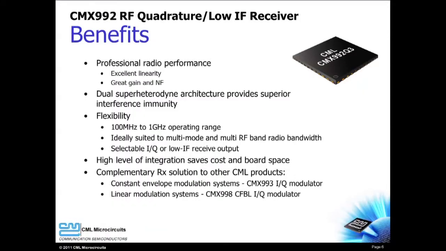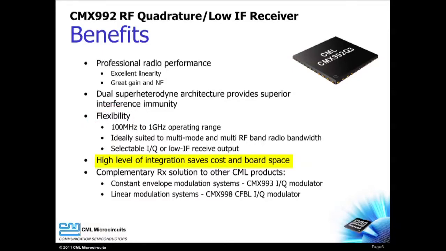The CMX992 is a high-performance device that allows your design to meet demanding specifications. The dual superheterodyne architecture provides excellent interference immunity for your product. The CMX992's wide frequency range, support for multiple channel bandwidths, and choice of output signals provides incredible flexibility for your designs.